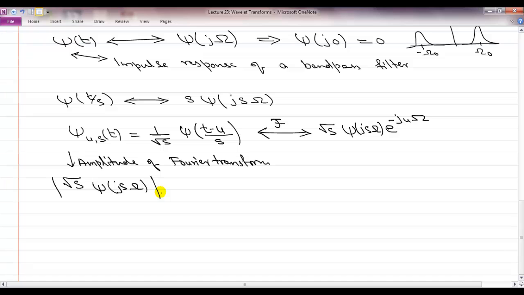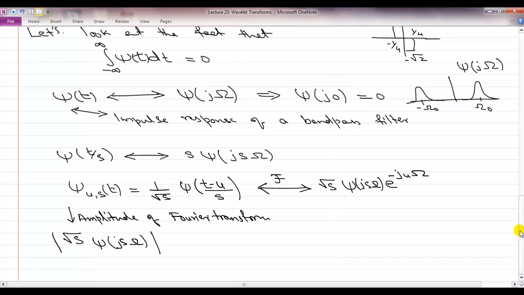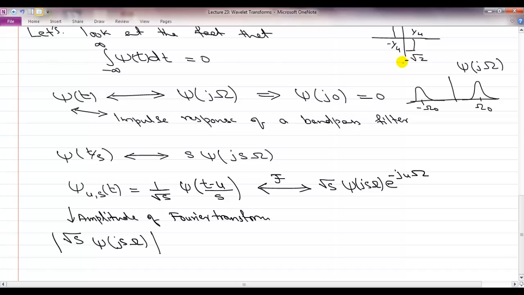As s changes, what is happening to the Fourier transform of psi u,s? Okay, I'm going to fix u because we already understand what u does. That helps us do local analysis in time. Now what I'm interested in is, as I change s, how does the Fourier transform of the mother wavelet, which always has this sort of a shape, change?